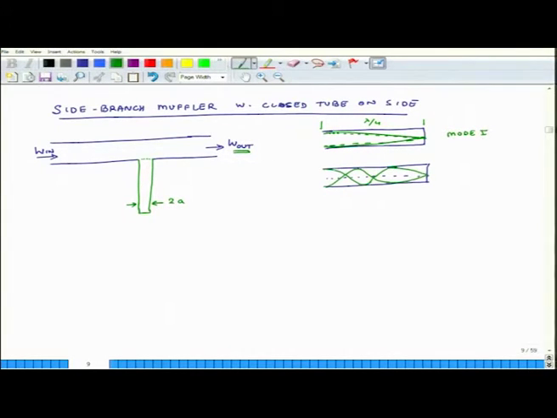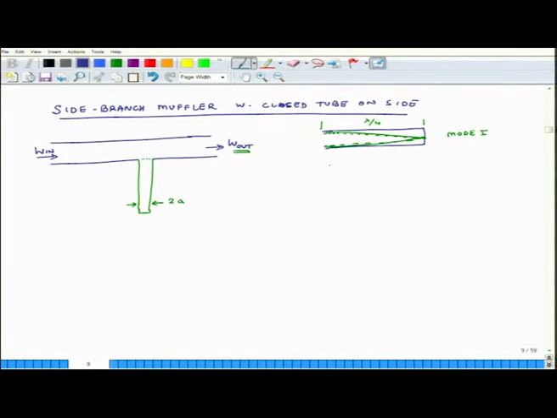Now, this is 1 lambda, and this entire length is 5 lambda over 4. No, excuse me, I am sorry. Okay, so I made the third mode. I will redraw this. I will make the second mode and then I will make the third mode.